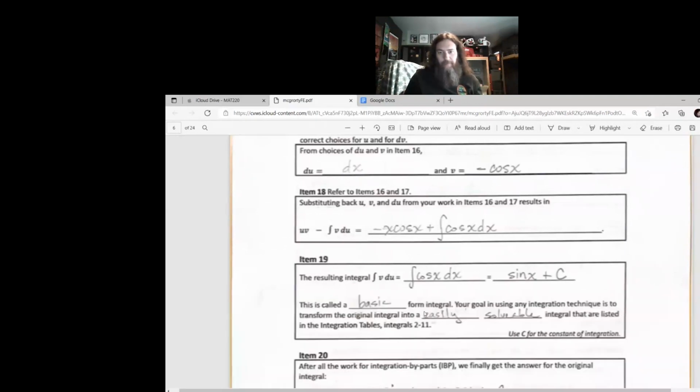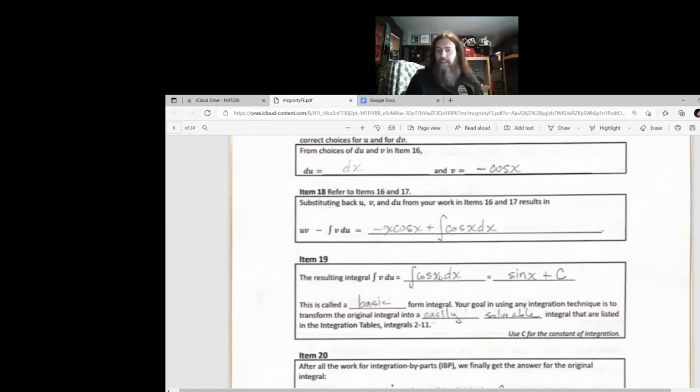The exact verbiage here I wasn't 100% sure of, but the idea, I was looking for two words that express what we were doing, which was making it more easily solvable by getting it into a basic form instead of trying to deal with this complicated integral that we might not have the tools to evaluate yet on its own.